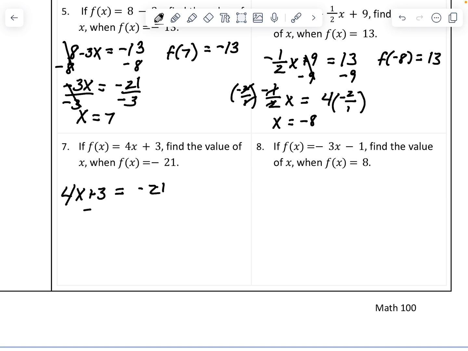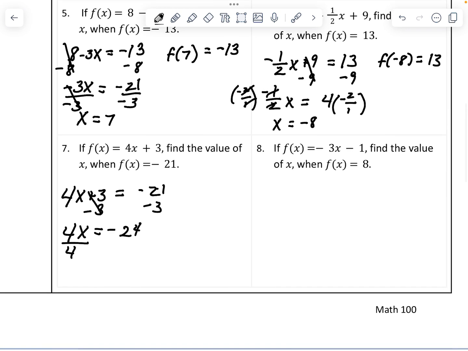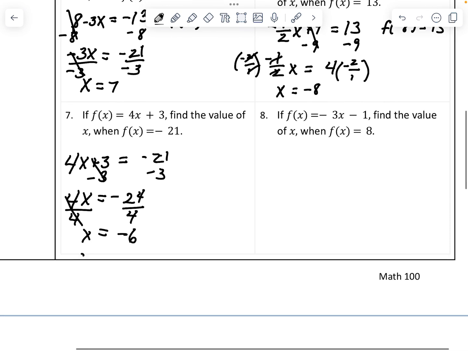Okay, so solve for x. So I know that f of negative 6 is going to equal negative 21.